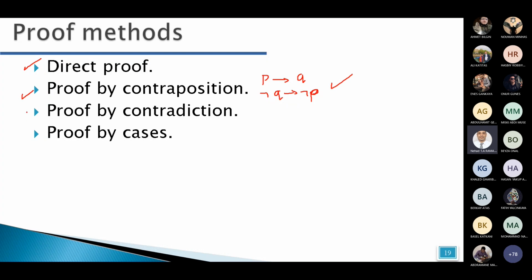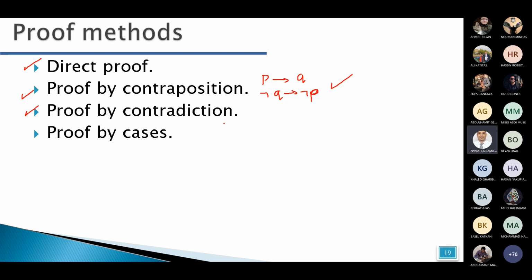A proof by contradiction, we will mention it. We start with the opposite of the conclusion to get something that is a contradiction, something impossible to happen.